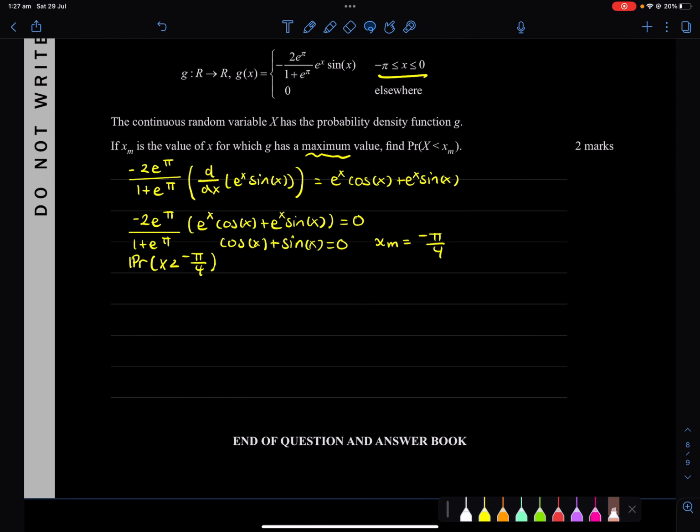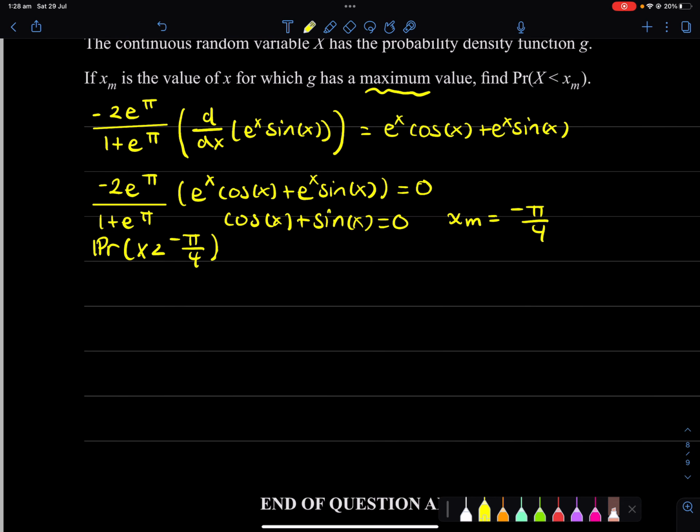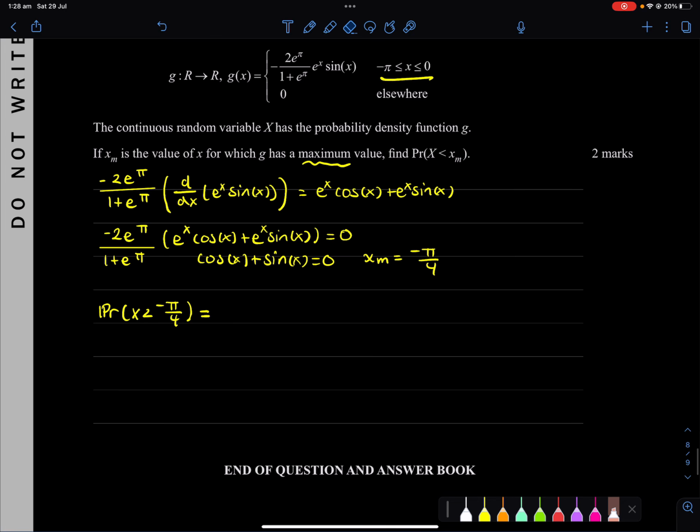Alright, right over there. So, we want to find the probability that it's less than this. It will equal, I'm going to take that negative 2 e pi, because it's still a constant.